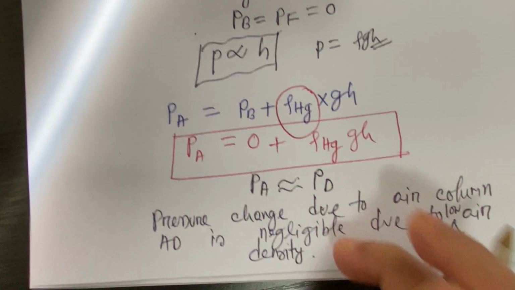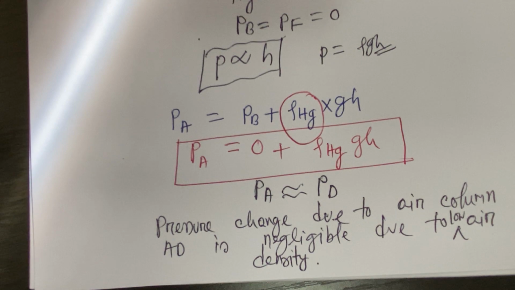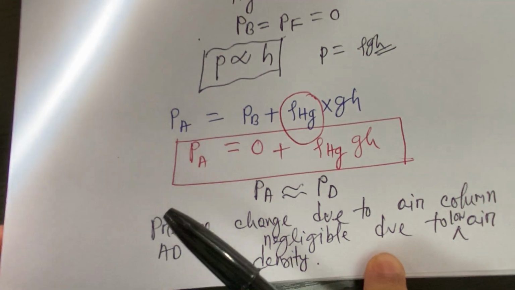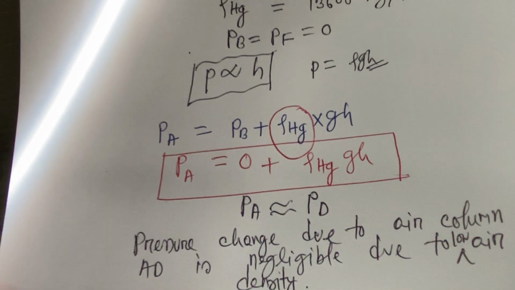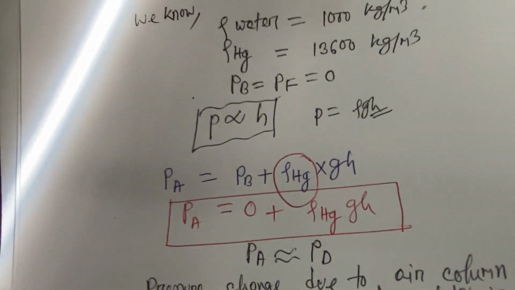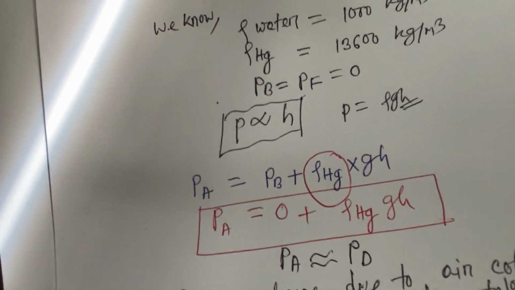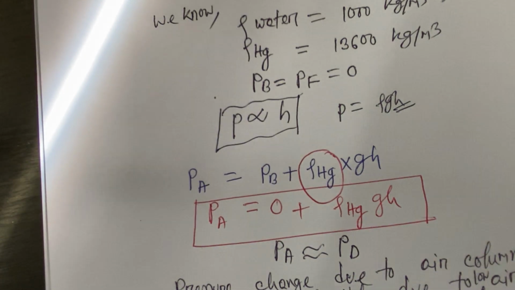Air density is not significant at this section. So due to the low air density, we can neglect the pressure difference, a negligible difference.